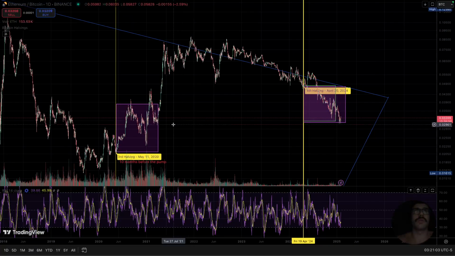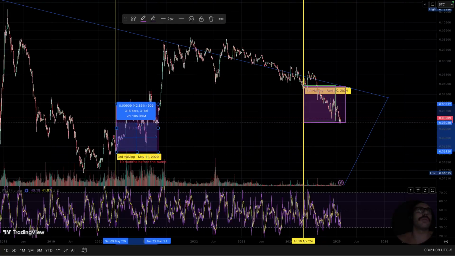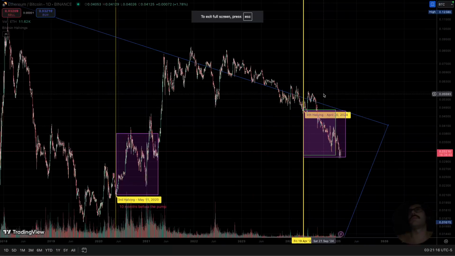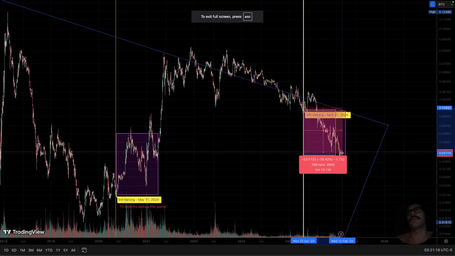So it's still on time, and of course it was different because it was pumping. Ethereum had outperformed Bitcoin by almost 50%, and this cycle it's kind of the opposite, right? Ethereum is losing value against Bitcoin, 35%.